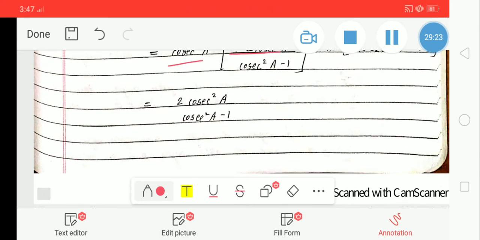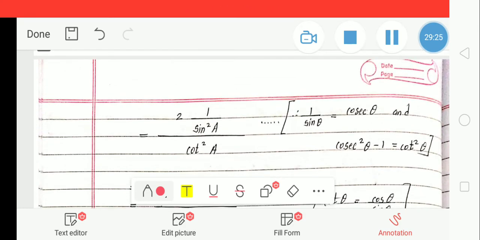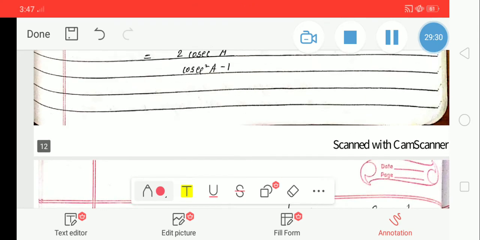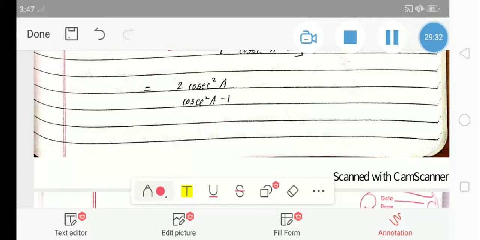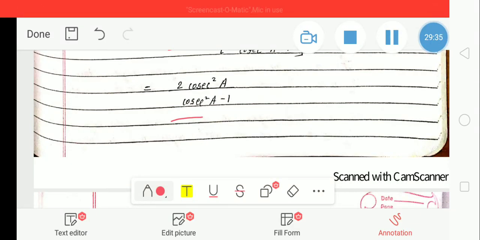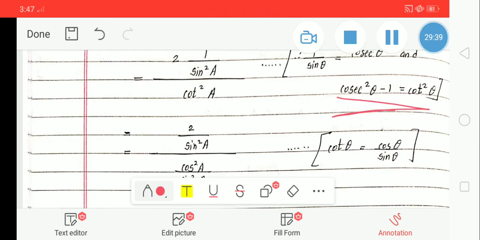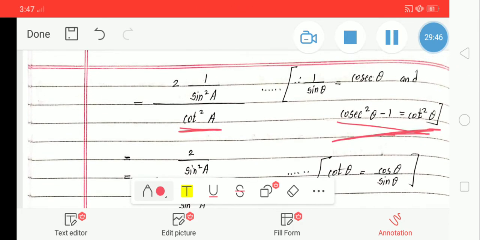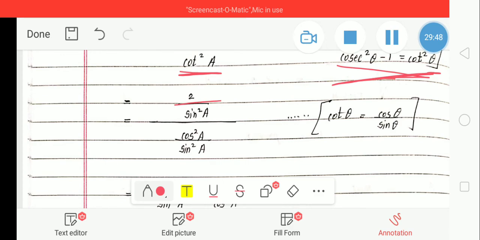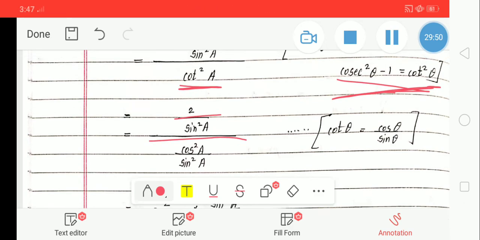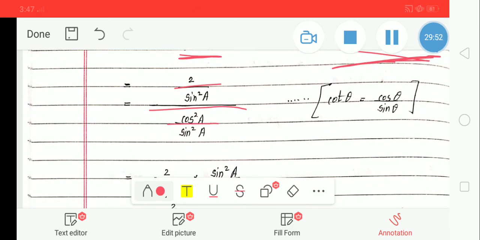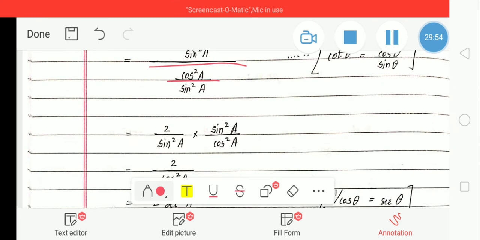Cosec means 1 upon sin, so 2 times 1 upon sin square A, and cosec square A minus 1 means cot square A. Now 2 divided by sin square A divided by cot square, and cot square theta means cos square theta divided by sin square theta.